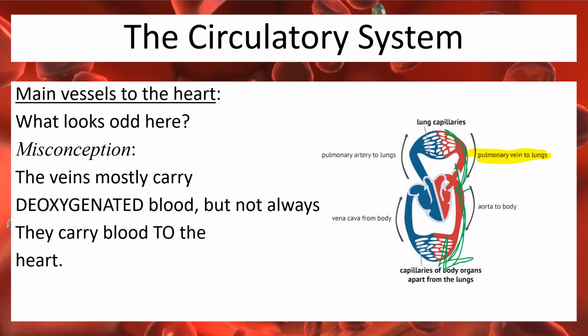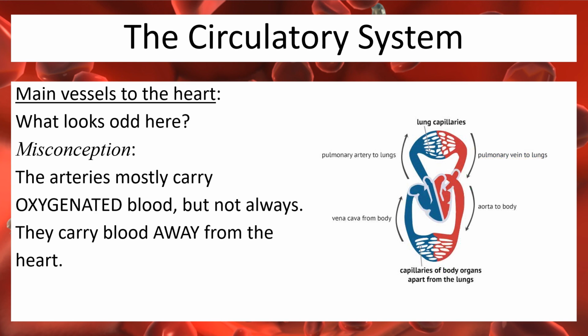And this is where it's important to remember that the word vein tells us the direction that the vessel is travelling in, or the blood in the vessel is travelling in, not what type of blood it is. So veins always go to the heart. So whether they're carrying oxygenated blood from the lungs or deoxygenated from the rest of the body is irrelevant. A vein always goes to the heart.